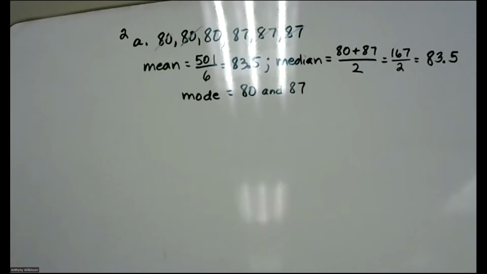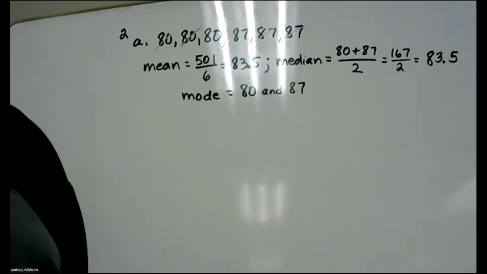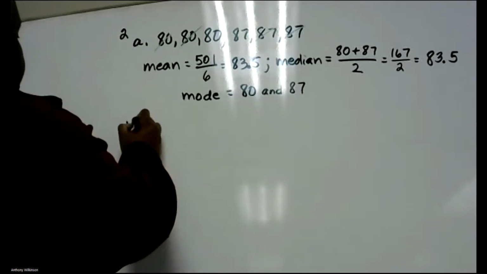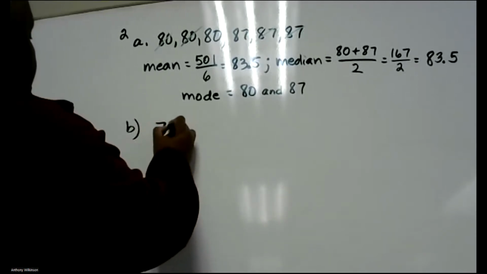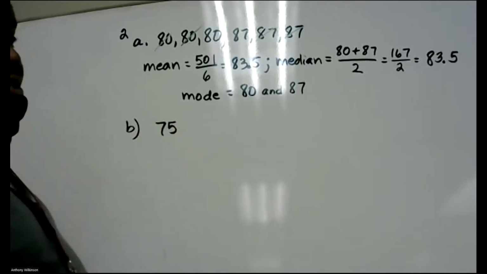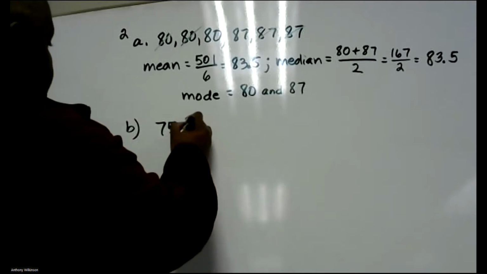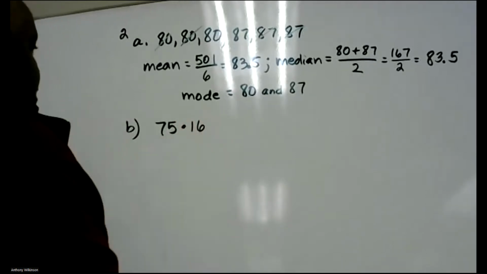And then in part B, the mean score on a set of 16 tests is 75. What is the sum of the test scores? Well, if we know what the mean is, that's 75. There were 16 test scores that we had.